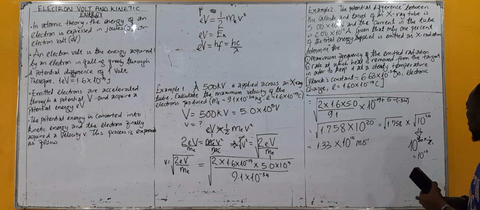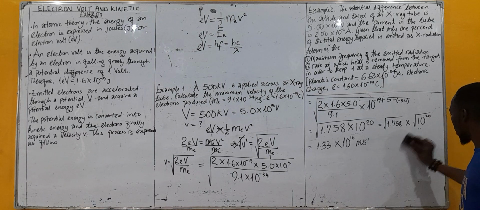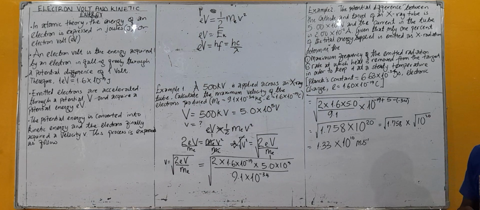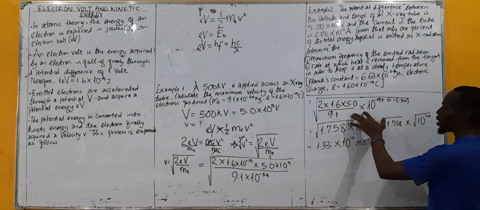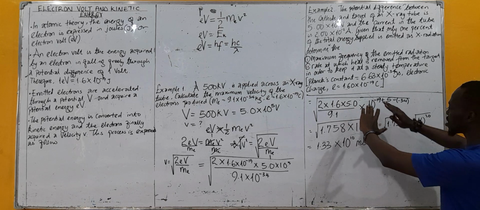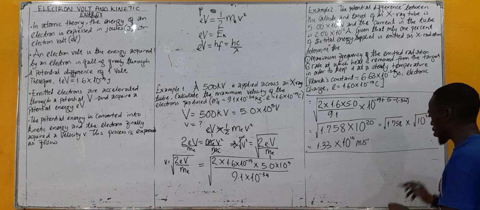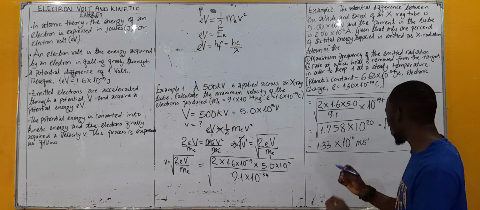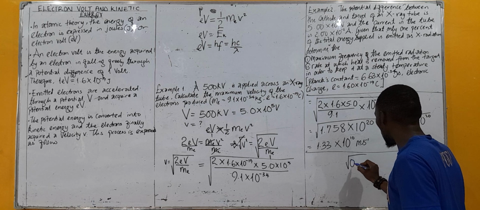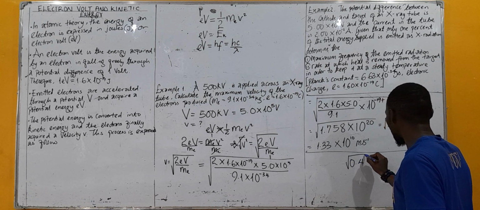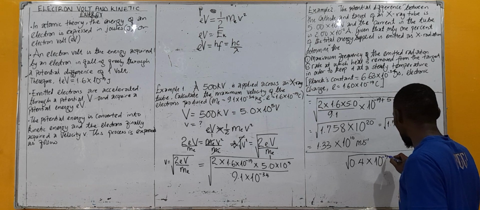Okay, so that's all about this question, but I still want to say some things. Now, the reason why I want us to use this method, let's say this is not part of the question, let me just give you a bonus tip. Let's say we have 0.4 times 10 to the power of minus 7.